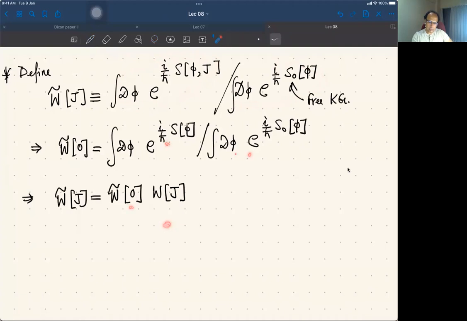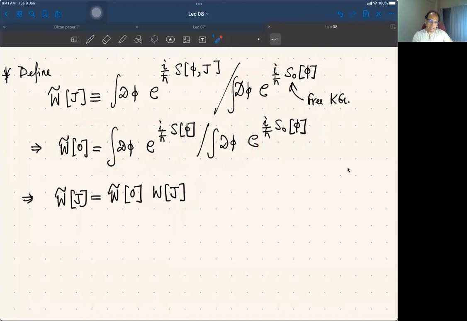And that is why you are getting this divided by s0, and that is W tilde, right? So basically Wj is equal to W tilde divided by W tilde 0, which is why you are dividing. You are taking this and dividing by this quantity, then the s0 path integral will cancel. You will have this downstairs, which is Wj.